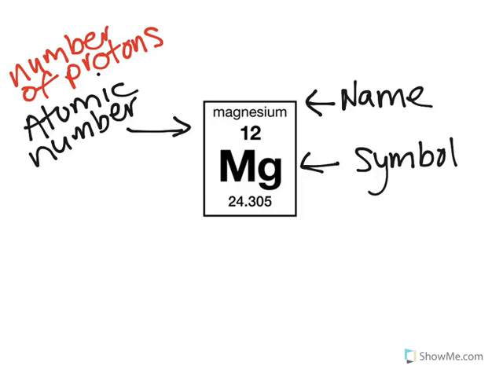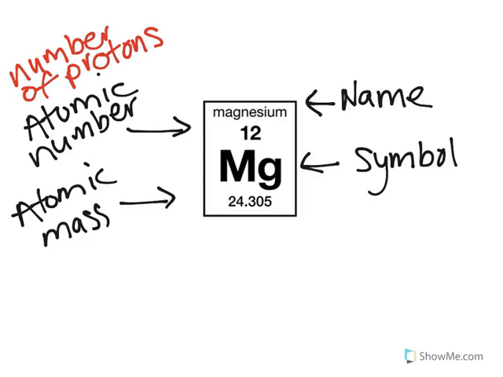The final thing for us to look at is the atomic mass. The atomic mass here of magnesium is 24.305. The atomic mass is the average mass of the atoms in an element.